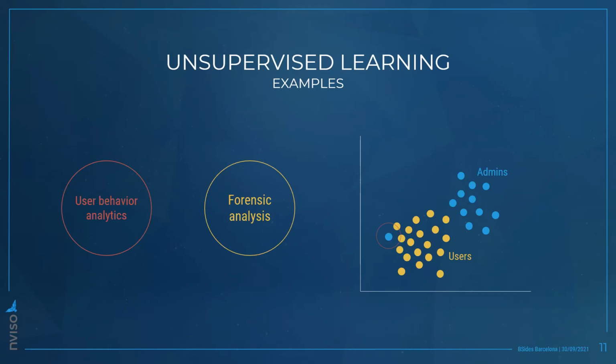And there are tools out there that already use unsupervised learning, usually with a deep learning approach, which I will explain in a second. For example, Splunk or Darktrace are tools for user behavior analysis using machine learning, unsupervised learning, to do this task, or forensic analysis.